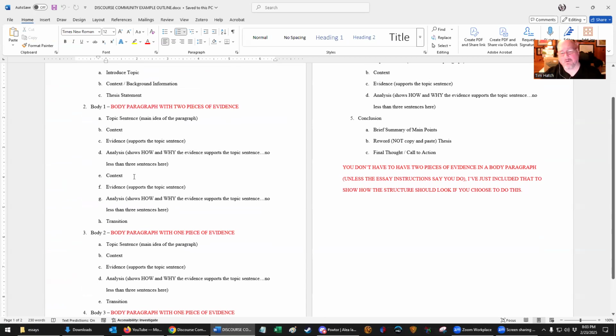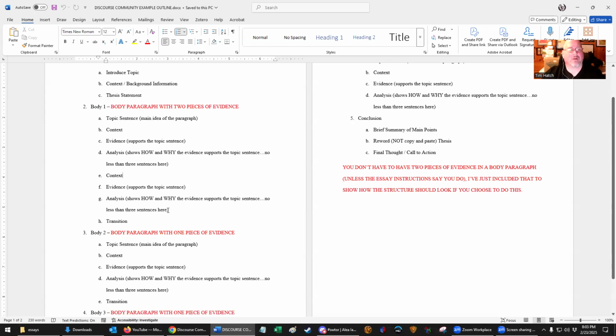So if you're using two quotes in a paragraph, you're going to need to set up the quote, give the quote, analyze the quote, which is a minimum of three sentences, and then give more context, setting up the next quote, and then more analysis, minimum of three sentences. If you don't have three sentences to say about the quote, then you don't need the quote.